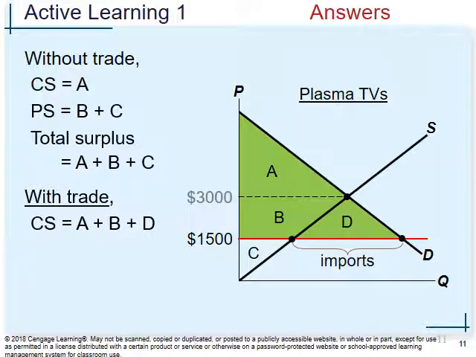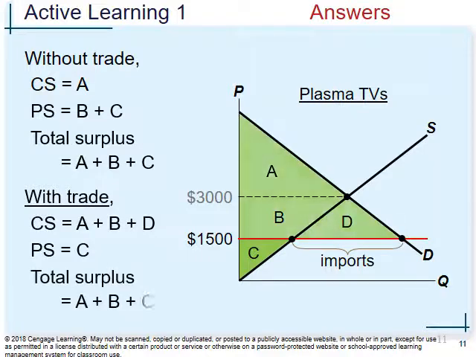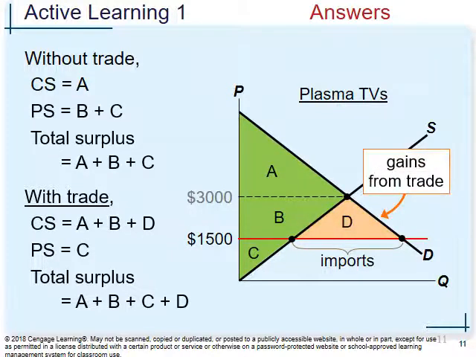The consumer surplus increases by the area B and D, and in this case the producer surplus is only area C. So in this case, when the country is importing the product, we can also see that the total surplus is increased by the area D as compared to the situation when there was no trade at all. So this area D is the gains from trade.